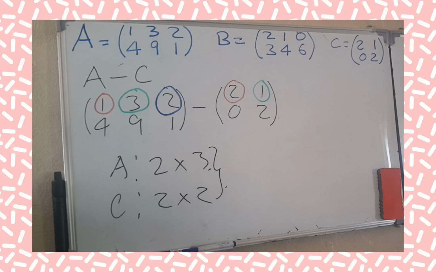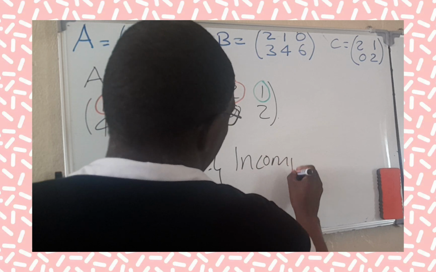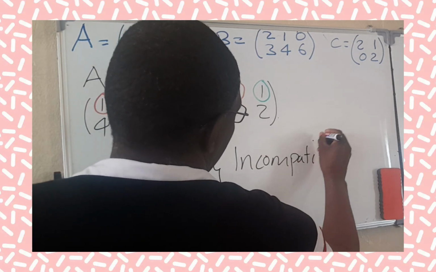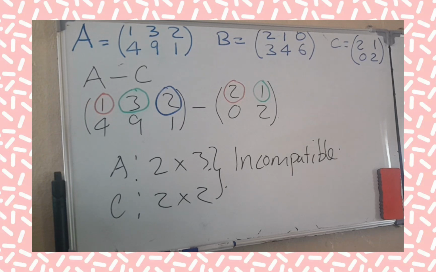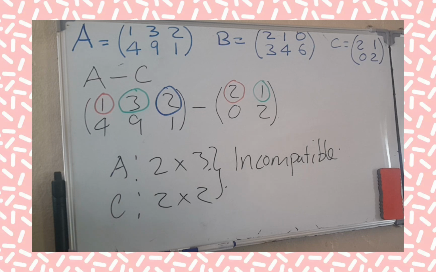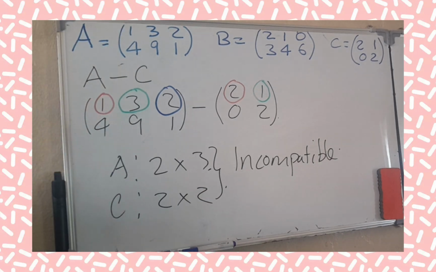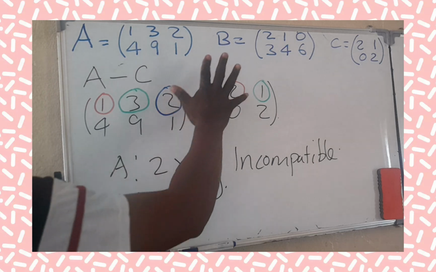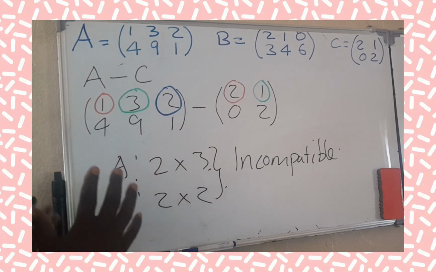They cannot be added or subtracted from each other because they are incompatible. As far as addition is concerned, we will of course discover in our next few videos that with multiplication it is slightly different. Two matrices can be of different sizes and still be multiplied together. But as far as addition and subtraction is concerned, they have to be exactly the same size.